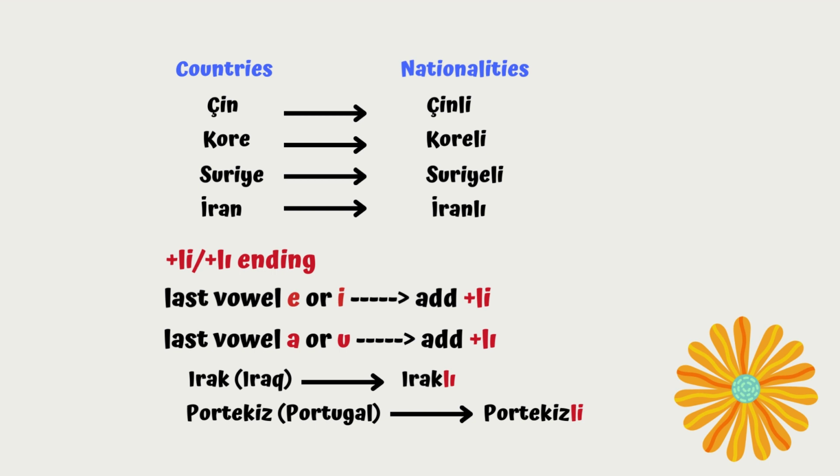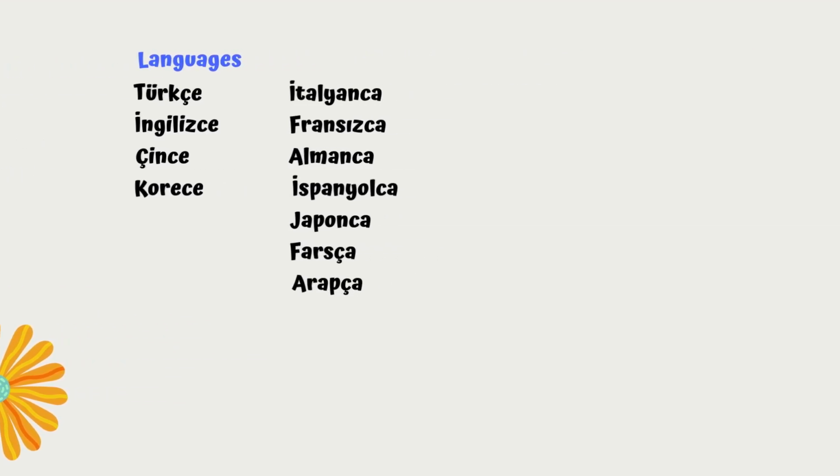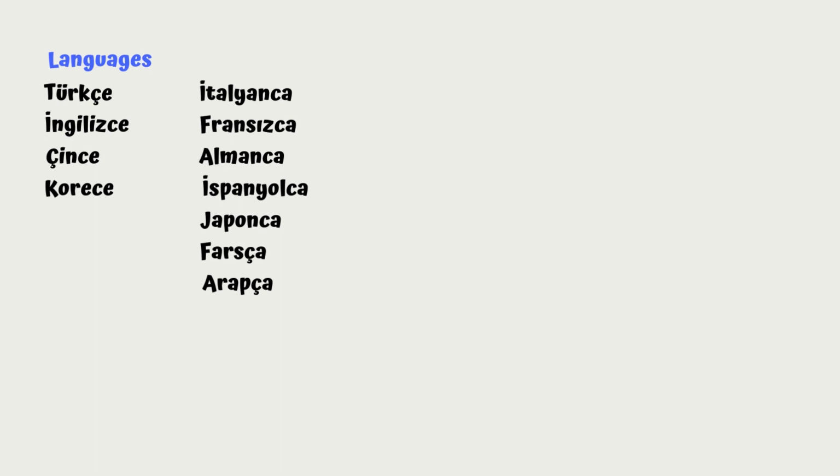Okay, let's take a look at another ending. Look at the languages. Türkçe, İngilizce, Çince, Korece. Or İtalyanca, Fransızca, Almanca, İspanyolca, Japonca, Farsça, Arapça. So we have another ending. If we know the nationality, we can create a name for the language.